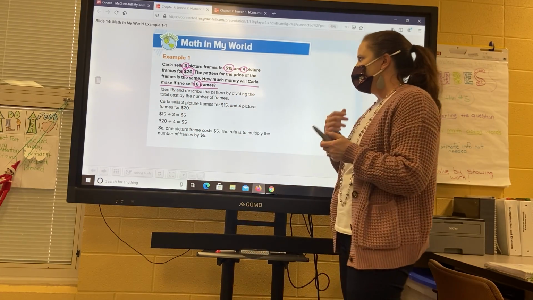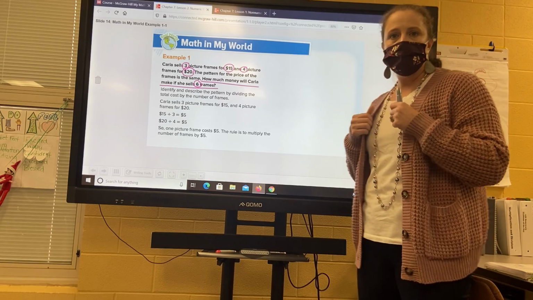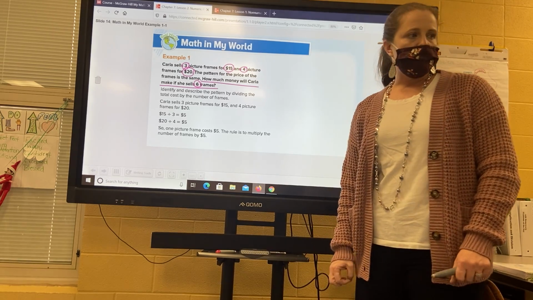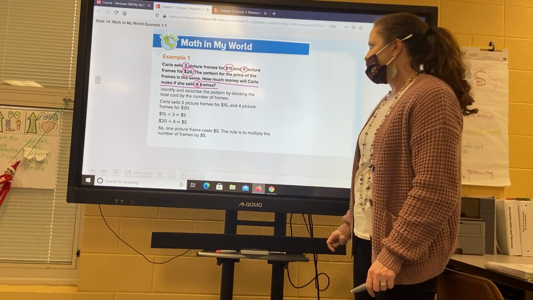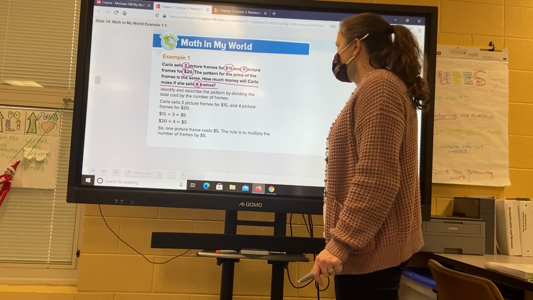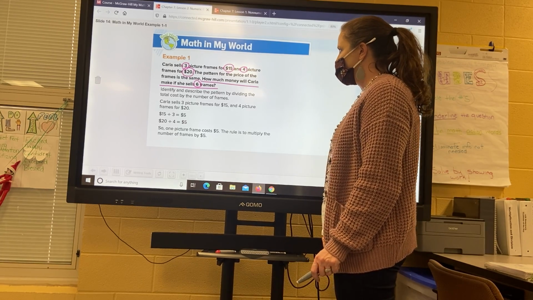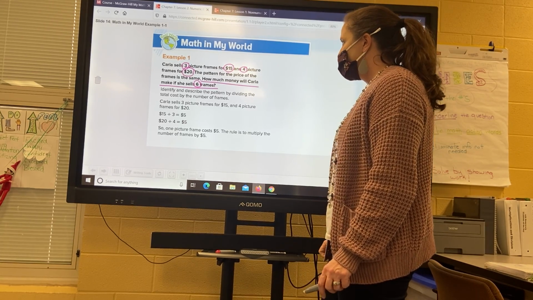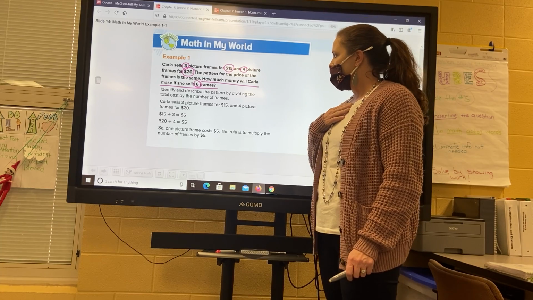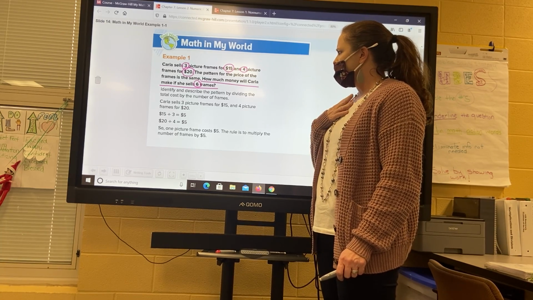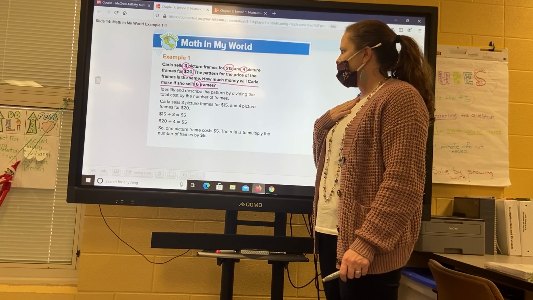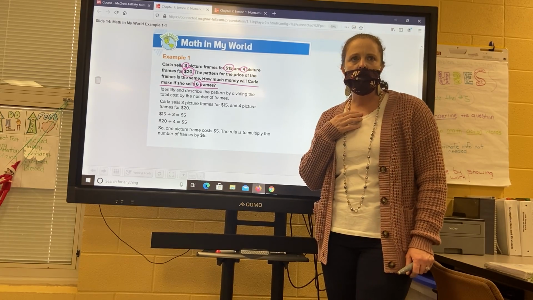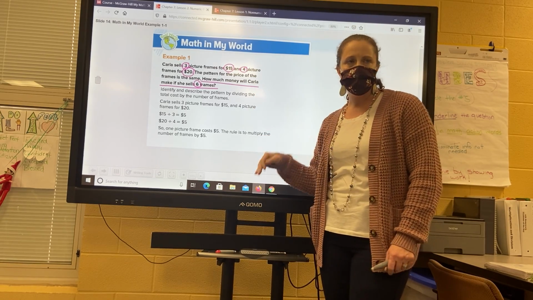We got a lot of numbers when we do patterns. It says, identify and describe the pattern by dividing the total cost by the number of frames. A lot of times, I think it's easier to use a T-chart, and we'll talk more about that, but let's follow through this example real quick.